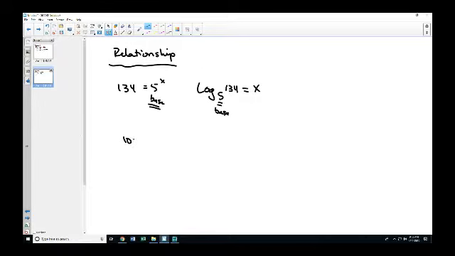So back to this one. Rewrite that as a log. Log of 10. Okay. Log of 10, 100. So the question here is, what exponent of 10 makes 100. Does that still come out as 2?